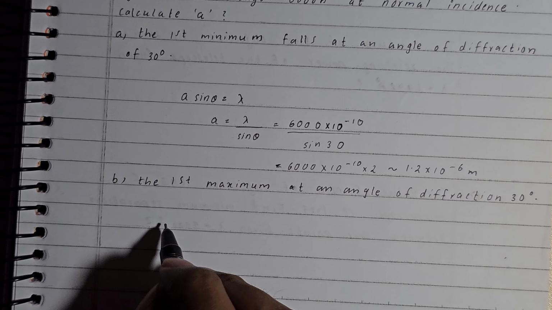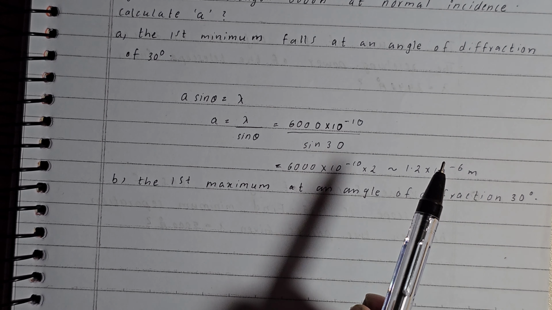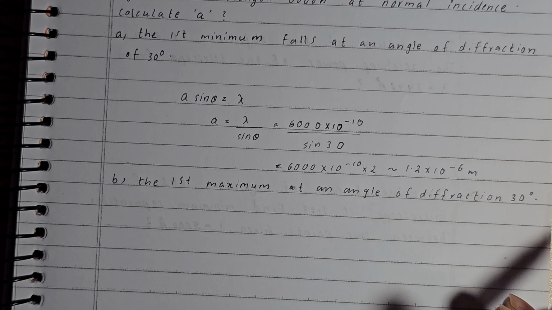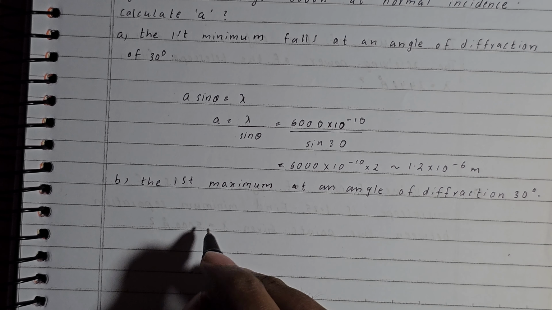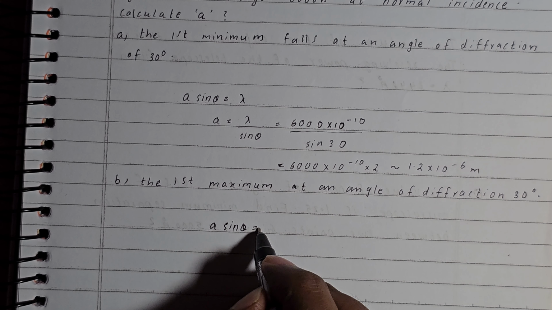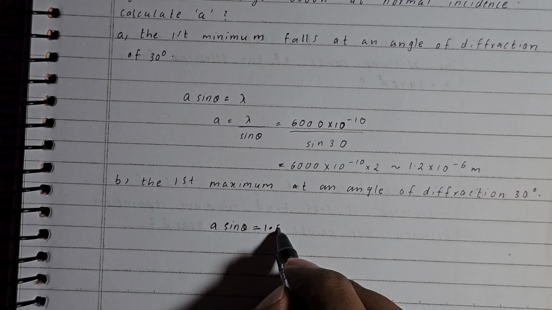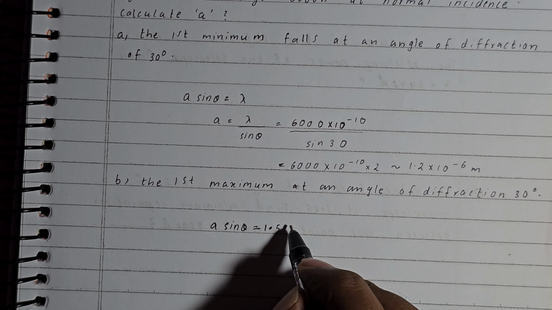So here, first maximum condition, a sin theta is equal to (2n plus 1) lambda by 2. So a sin theta is equal to 1.5 lambda.